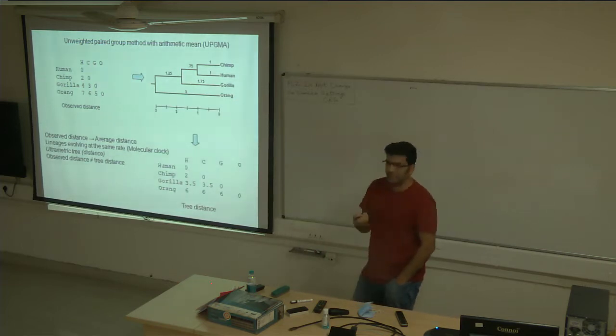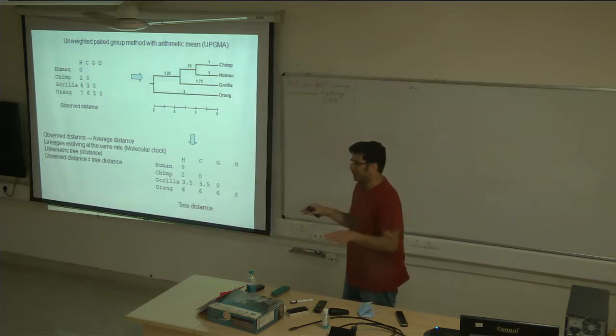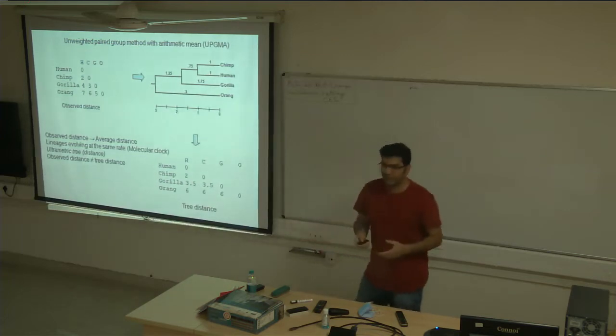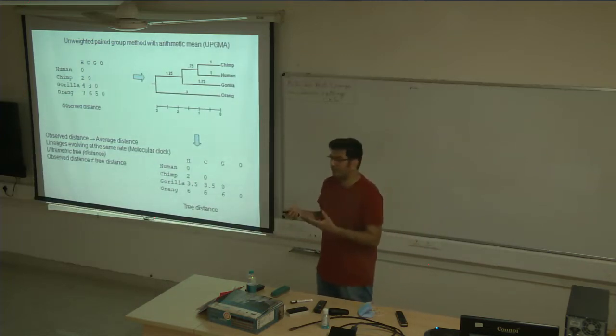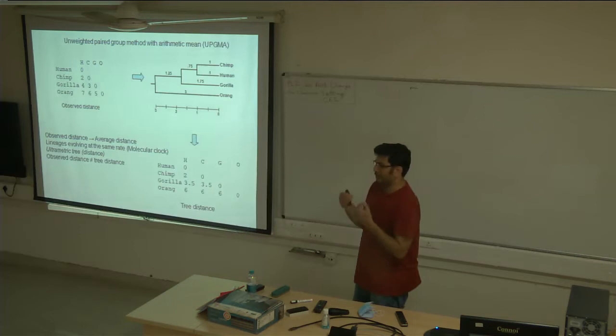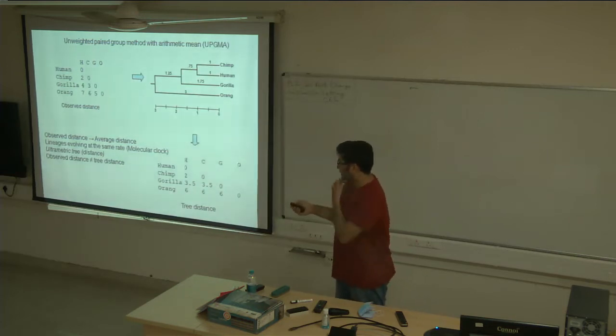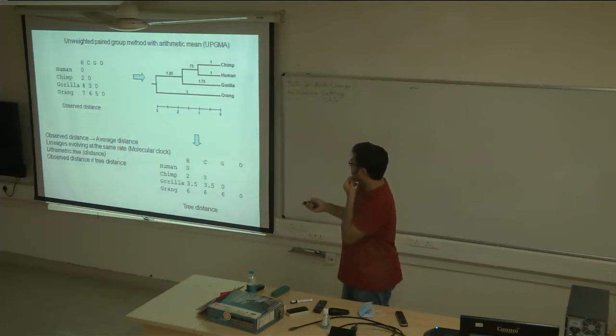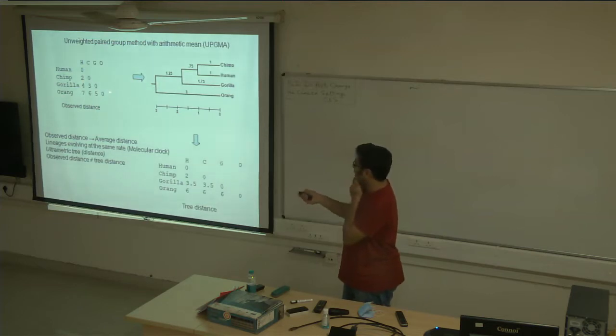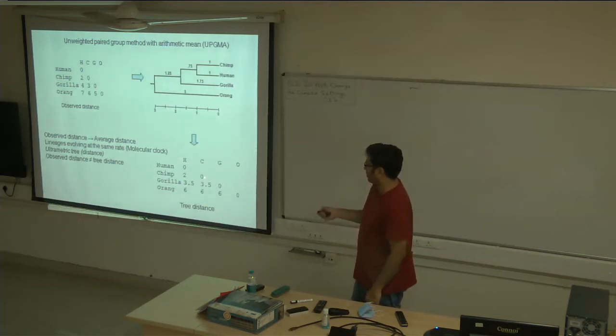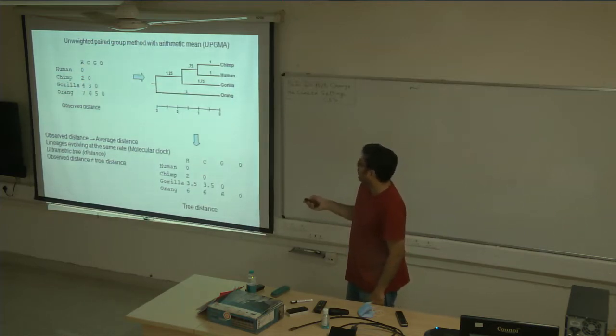That's why Praveen was saying in the morning, basically don't use UPGMA, but it's a good starting point to understand the basics of tree building and how the process of tree building begins. And again, the observed distance is not equal to the tree distance.